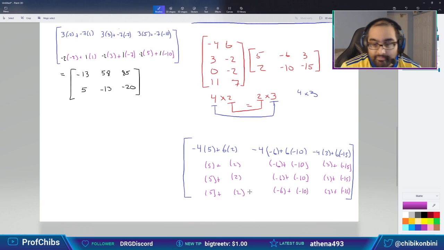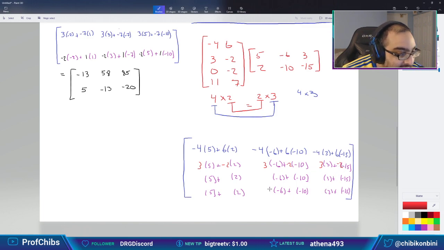Alright, there we go. We did the hard part there. Now all we got to do is simply put in the rows. The second row is 3 and negative 2, so we do 3 minus 2, 3 minus 2, and 3 and minus 2. Then 0 and minus 2, 0 minus 2, 0 minus 2.